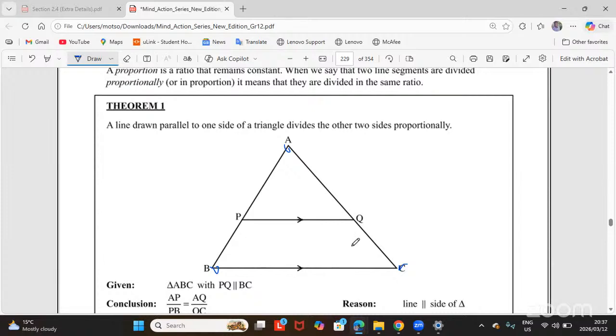The other thing that you will be given on this triangle is a line, just one line, that will be parallel to one other side of this triangle. You can see that this line PQ is parallel to this line BC. Okay, interesting.